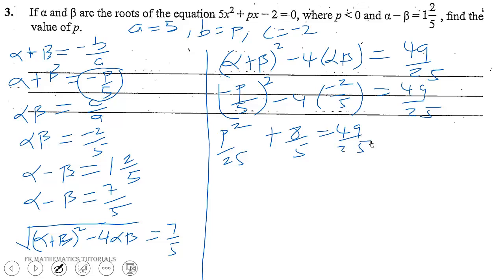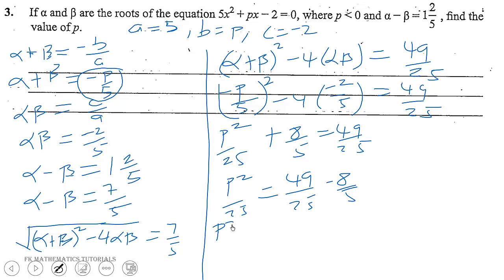So p squared over 25 will be equal to 49 over 25 minus 8 over 5. Let's multiply through by 25.